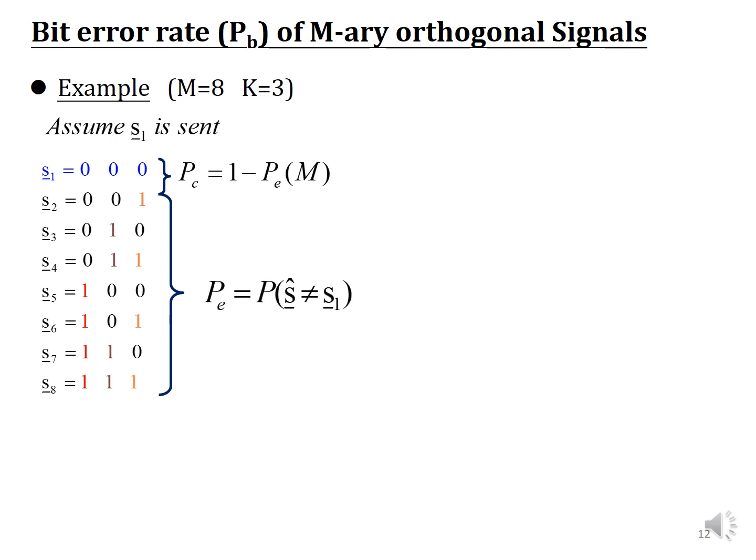So the error probability occurs when the estimate of the symbol is unequal to S1. Each error case is equally probable, right? Because of the M-ary orthogonal signal. So each error probability would be PE over M minus 1. We have 7 cases, right?